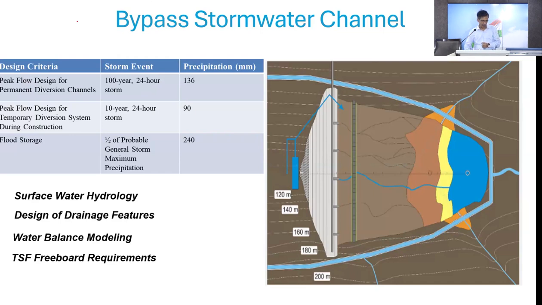Then we have the peak flow design for a temporary diversion system during construction, in that case 10 years. I don't take a 100-year period, I take 10 years, 24 hours, and generally, say, 90 millimeter. Many designs in the Indian context we do at 90 millimeter. Then if I am going for flood storage, then the maximum precipitation, half of the probability of it, is 240 millimeter precipitation.